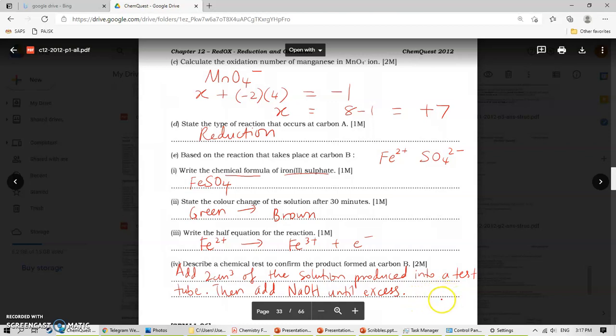Now the second mark comes from the result. So when we have NaOH and Fe3+, a brown precipitate is formed. This is from the salt chapter in Form 4.